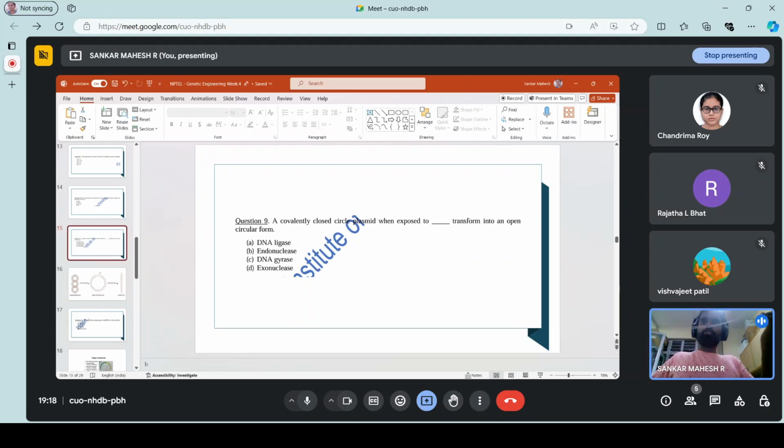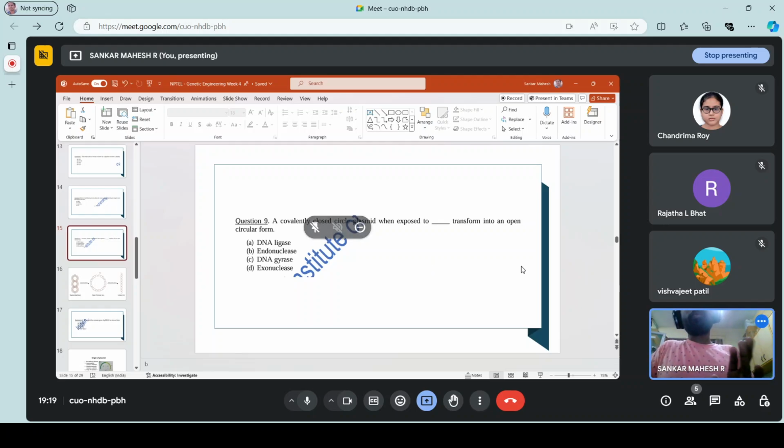This is a stretch of double-stranded DNA that is covalently closed, and because it is helical in nature, positive and negative supercoiling would happen. DNA gyrase is involved in reducing the supercoiling. It wouldn't break it open. That is its function.